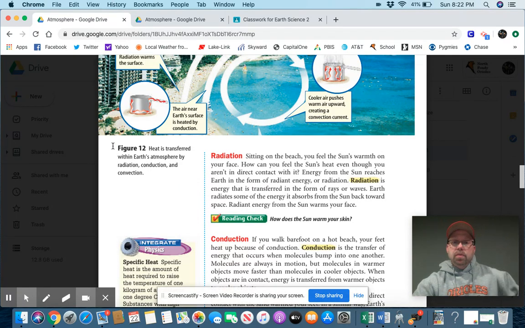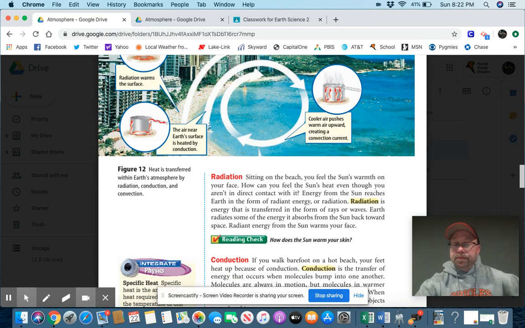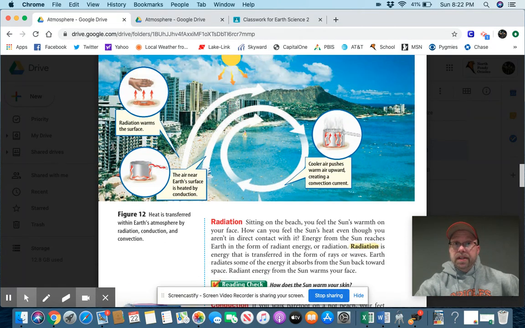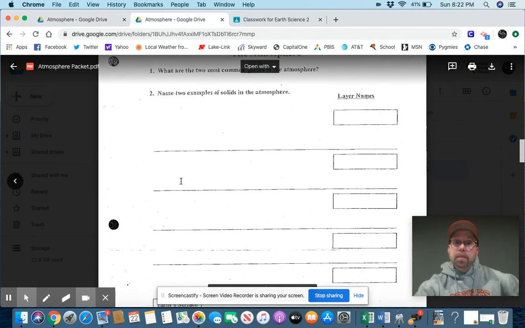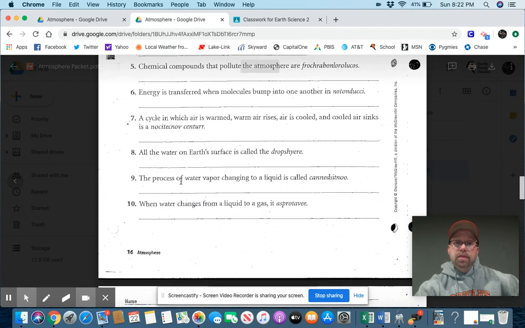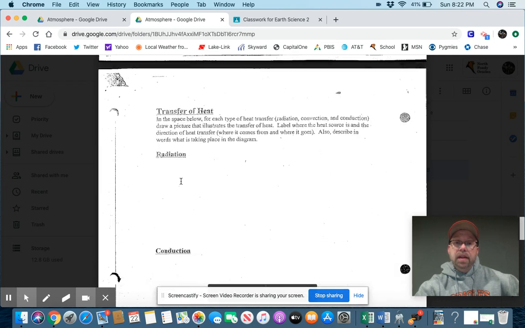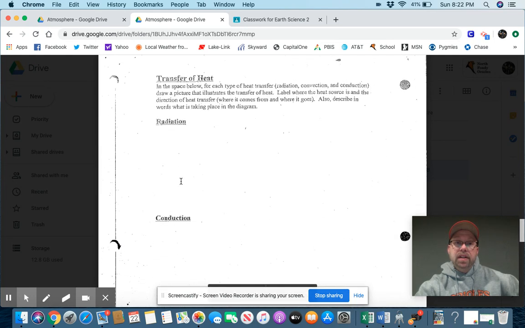Now, there is some work to be done with this. There will be a couple of days. This will be due on Wednesday. But when you look in your packet, and we're going to have to move forward here quite a bit in the packet, this page right here, transfer of heat, says in the space below, for each type of heat transfer, draw a picture that illustrates the transfer of heat.